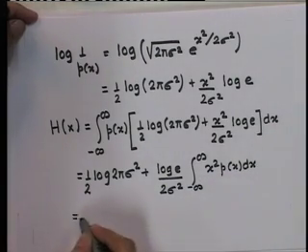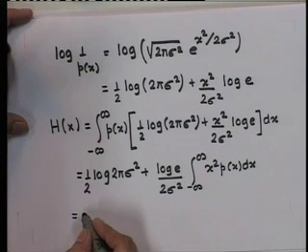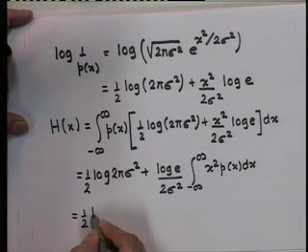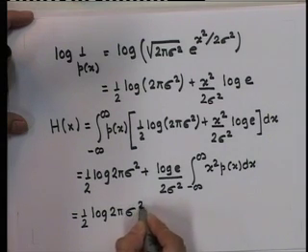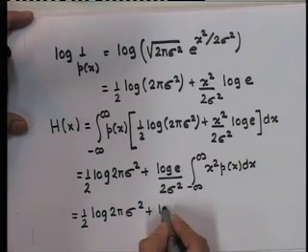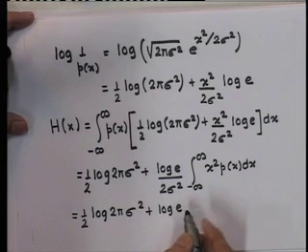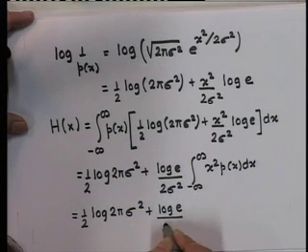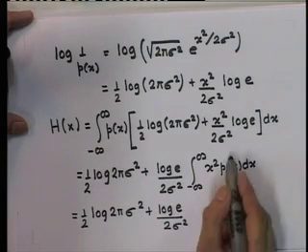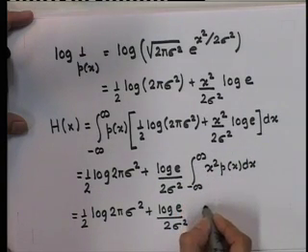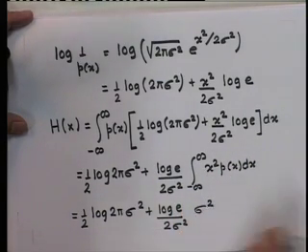Now, this can be further simplified as half log 2 pi sigma squared plus log e divided by 2 sigma squared, and this quantity out here is sigma squared.